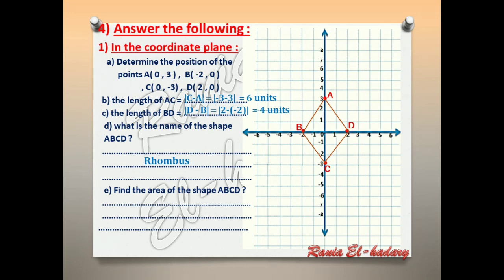The area is half times D1 times D2. D1 is AC and D2 is BD. So it equals half times AC times BD. Substitute AC equals 6 and BD equals 4. So I have half times 6 times 4, equals 12 square units.